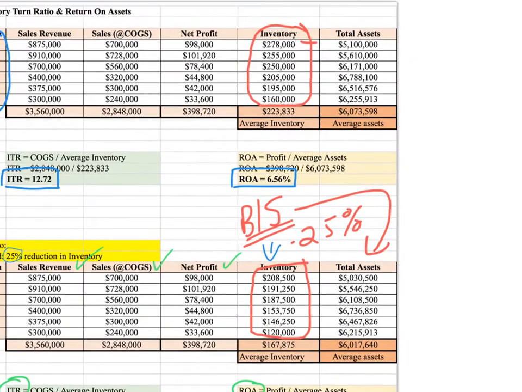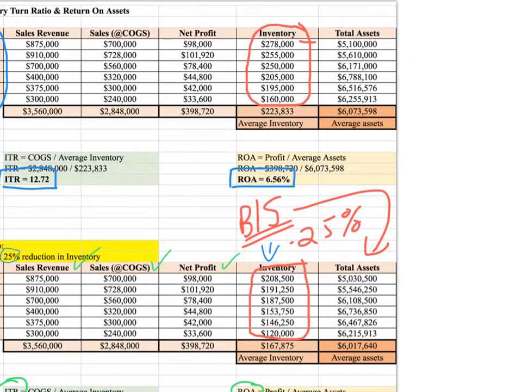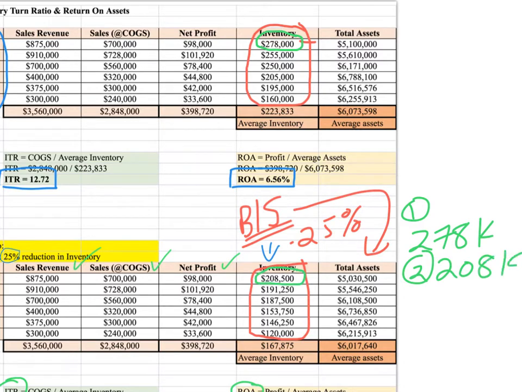For instance, up here in January, the first month, we had 278,000 in inventory in scenario number 1, and in scenario number 2, we have 208,000. I'm rounding numbers here, but there is approximately a 70K reduction. So we take our total assets down by that amount.